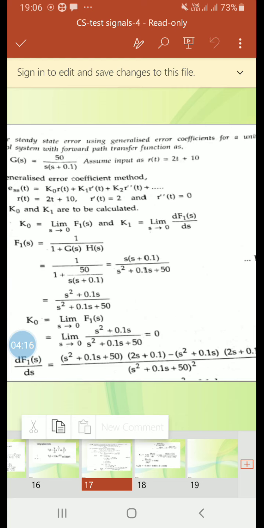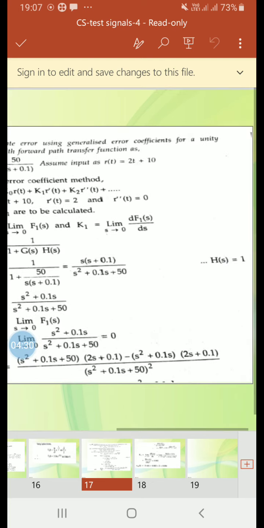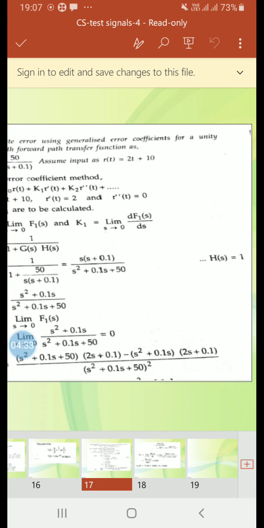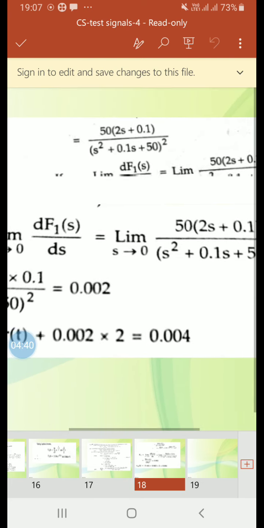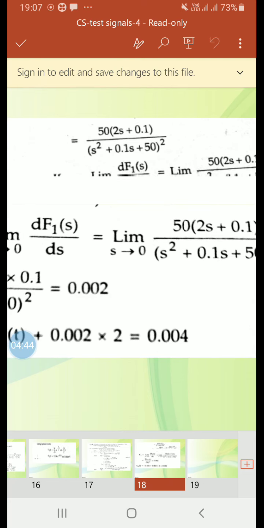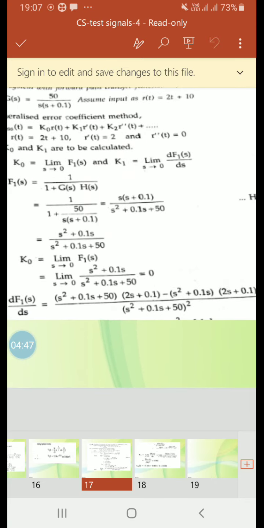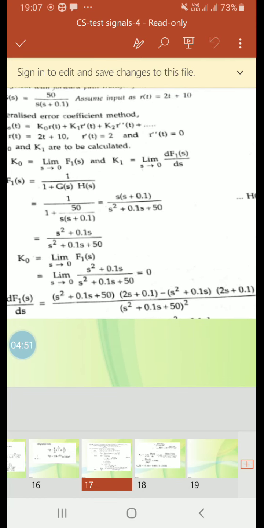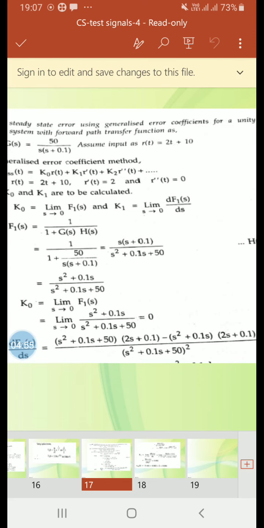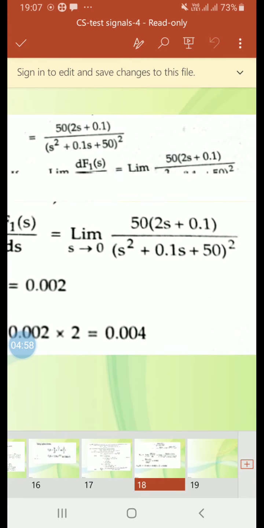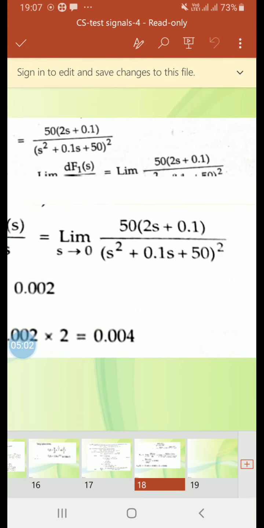When you differentiate this, what you will get is dF1(s)/ds = [(s² + 0.1s + 50)(2s + 0.1) - (s² + 0.1s)(2s + 0.1)] divided by (s² + 0.1s + 50) the whole square, which is equal to 50(2s + 0.1) / (s² + 0.1s + 50)².